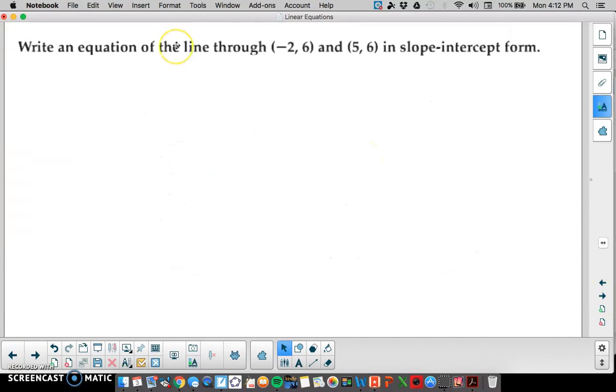In this one, we're going to write the equation of the line between (-2, 6) and (5, 6). Notice that the y value is the same in both of those points. So when I find the slope, I should notice that my slope is actually going to be 0. When my slope is 0, I'm going to just try and plug that in and see what happens.